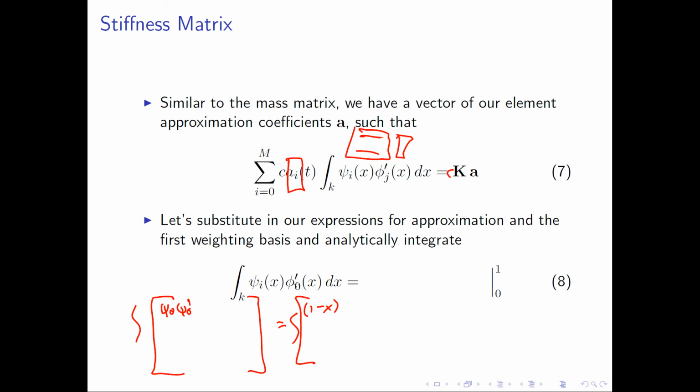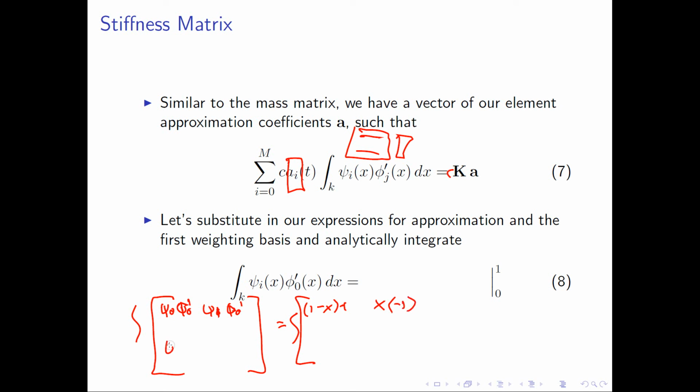Now, the underlying term is 1 minus x as well, but we're differentiating that with respect to x. So that's just going to simply be 1, or, well, minus 1 rather. And then we can do this for the other one for the 0th weighting bases. And let me correct my notation here. And so we can see that this is going to be x times, now it's the same expression, so it's just going to be a minus 1.